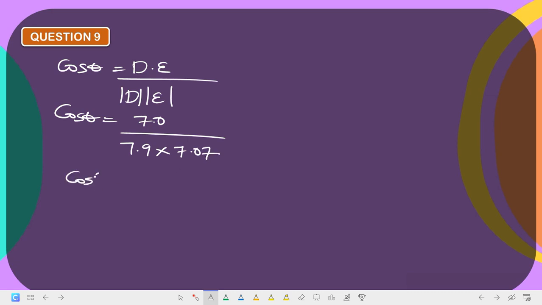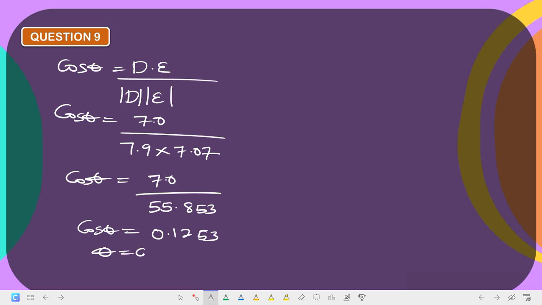Our cos theta will be equal to 7 divided by 7.9 times 7.07, which is 55.853. And then cos theta would be equal to 7 divided by 55.853, which gives us 0.1253.